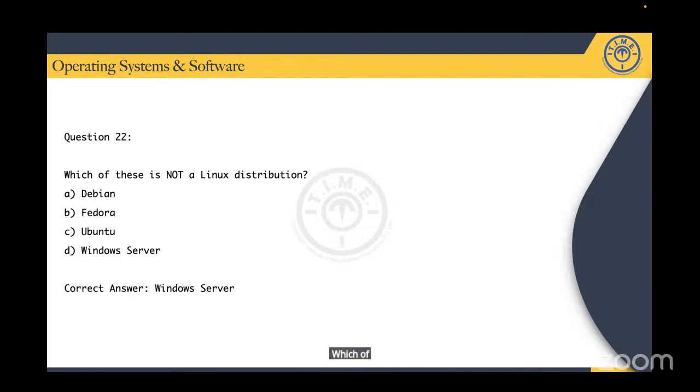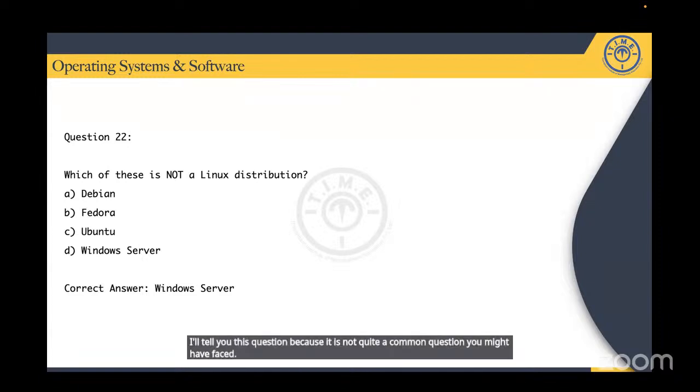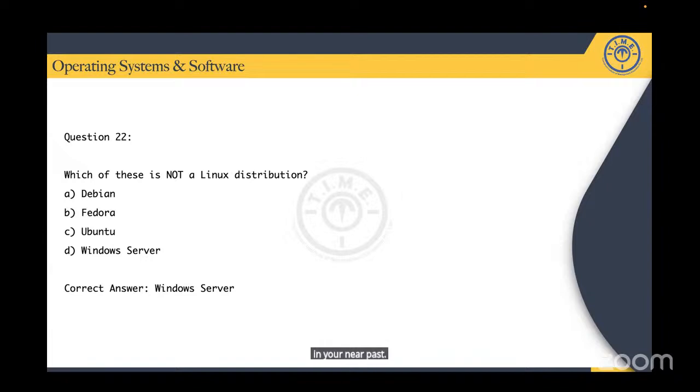Which of these is not a Linux distribution? The option is Windows Server. I'll tell you this question because it is not a quite common question you might have faced in the recent past. Debian, Fedora, and Ubuntu are all Linux-based operating systems.